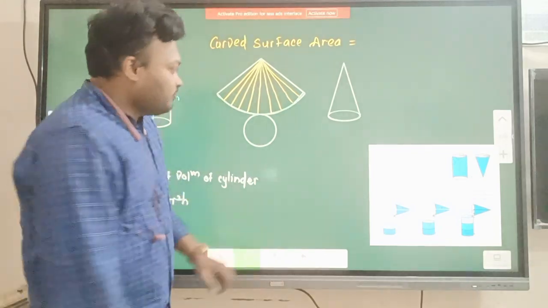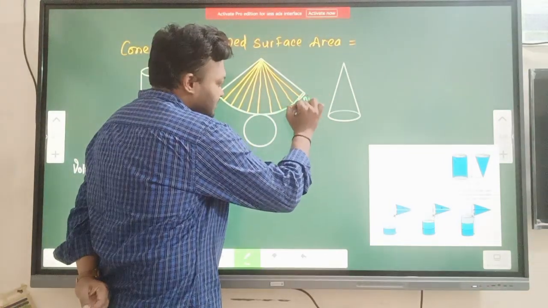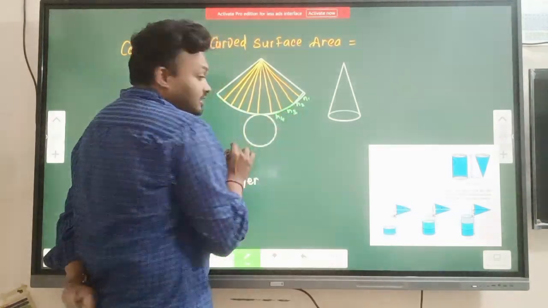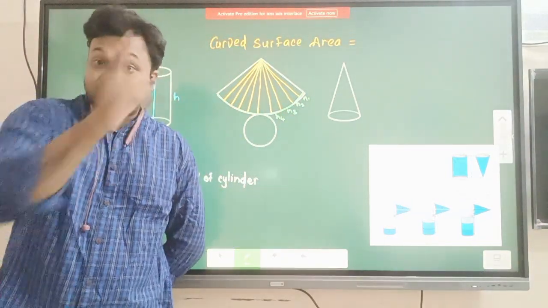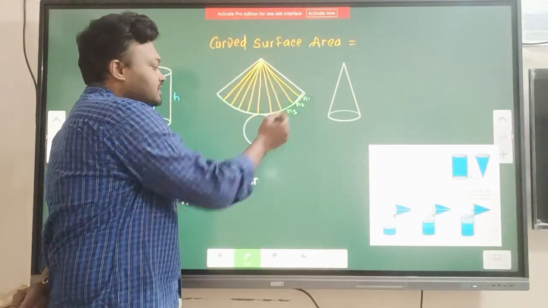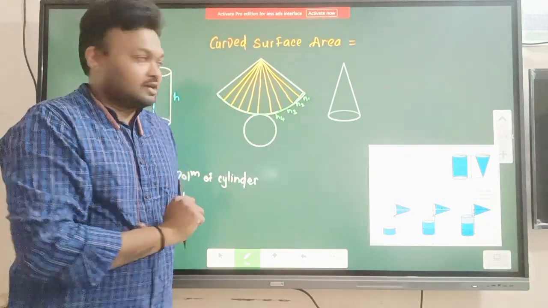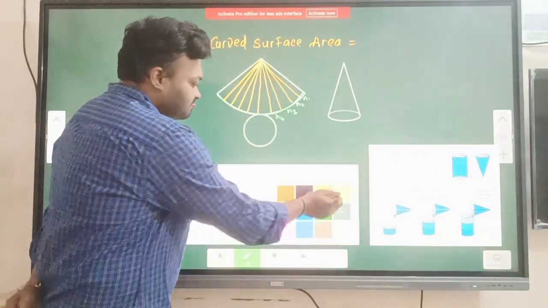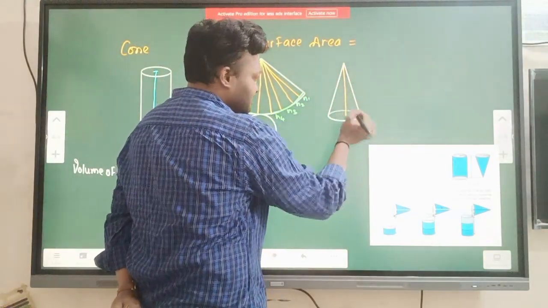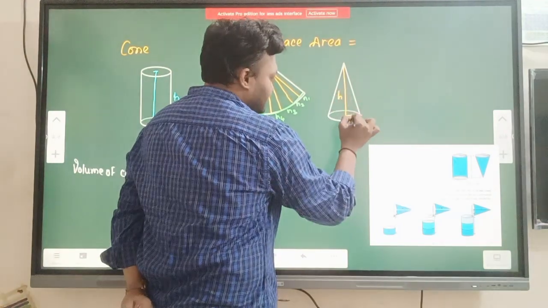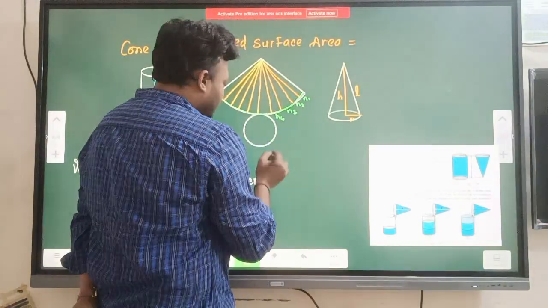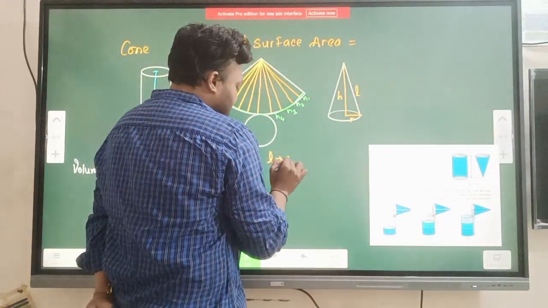That means if you add these lengths, let us say n1, n2, n3, n4, you are going to get the circumference of the circle, because I just told you that this shape is nothing but the length of a circle. Now, in a cone, we have three major components. First one is height, next one is radius, and the slant side is represented by L. In this case, this L is referred to as the slant height.